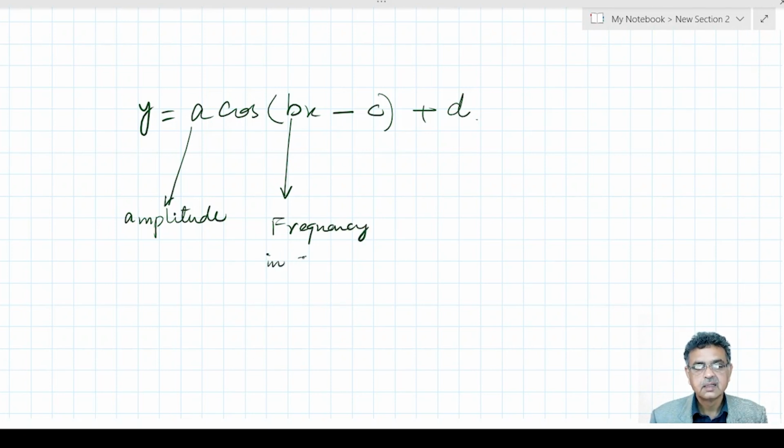in 360 degrees or 2 pi radians. You can have any unit.